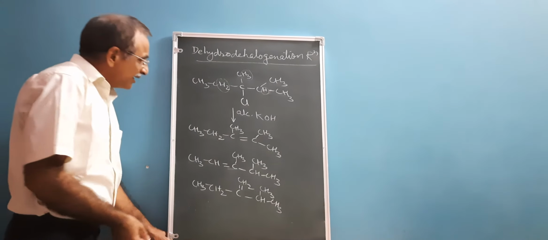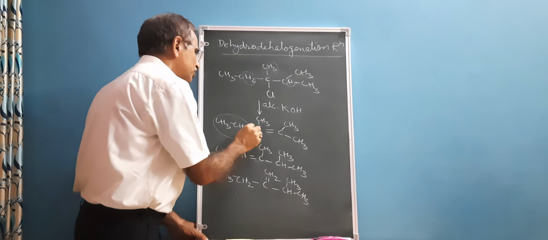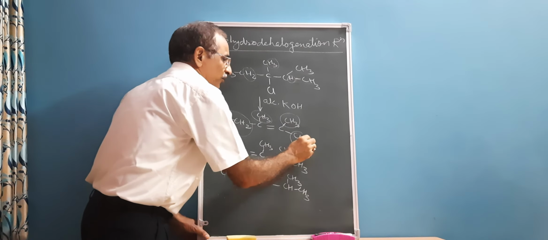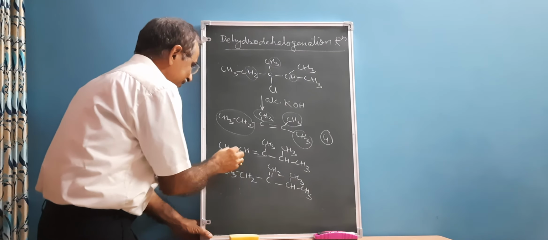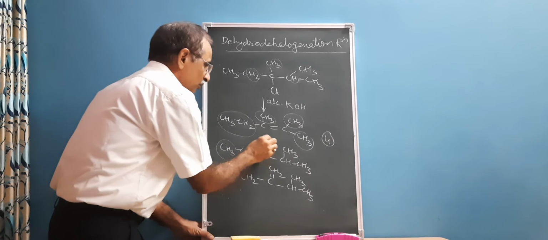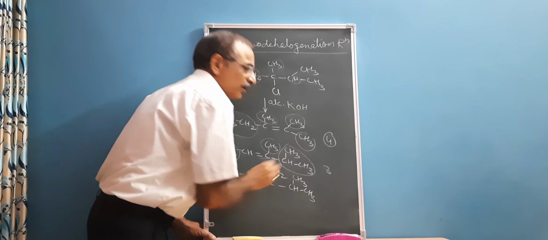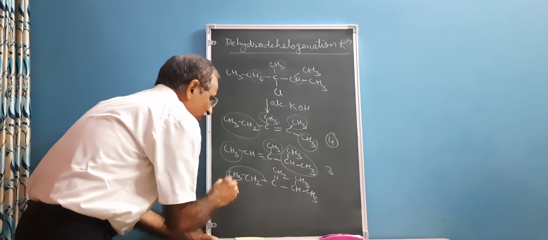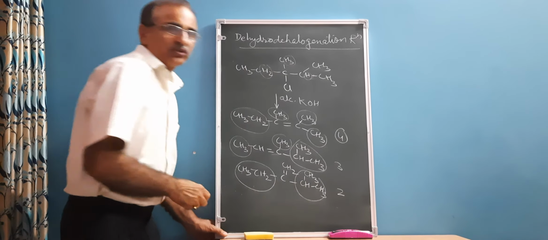Now easily we can observe that in this case, one substitution, 2, 3, 4. Number of substitution is 4. In this case 1, 2 and here this one is 3. Number of substitution will be 3. In this case 1 and here 2. Only 2 substitutions are there.